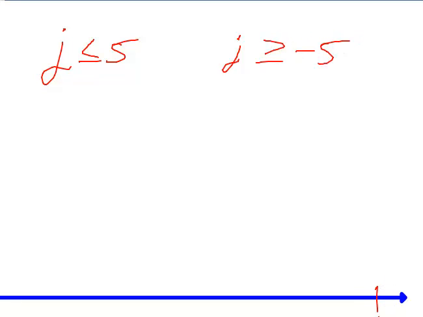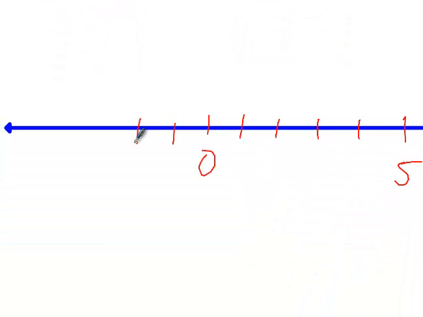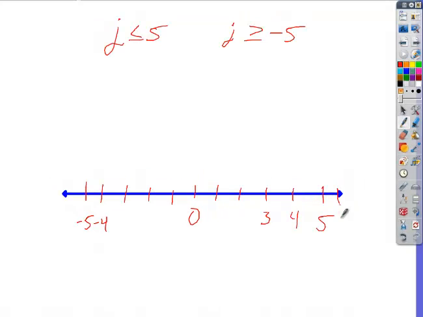So we need a 5 on here, and we need our negative 5. And again, go one past, just in case we are shading to the left and the right instead of into the middle. So J has to be less than or equal to 5.